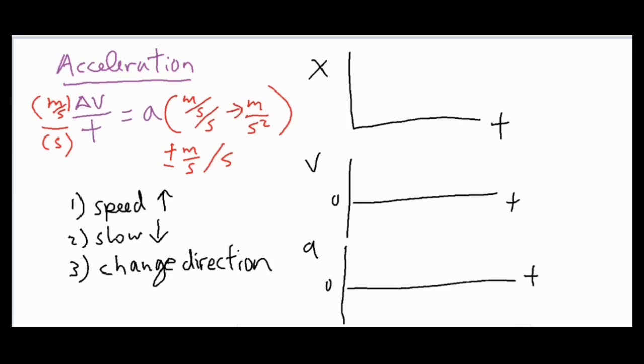Now for this one, if you have something that's accelerating, it won't have a constant rate of change. It will have something that is curving, something that has a changing slope. Okay, as we said before, when you take the slope of a position time graph, that gives you the velocity versus time graph, and you take the slope of a velocity versus time graph, that gives you the acceleration versus time graph. So same rule applies.